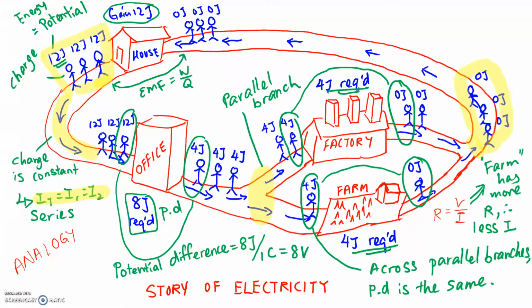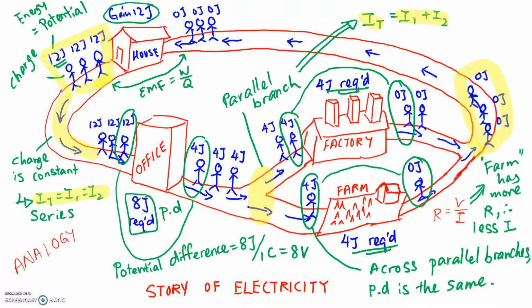And by looking at this splitting in the parallel branch, where the charges get to choose which path they want to take, we can see that for a parallel branch, I total equals I1 plus I2, etc., because the sum of the currents in the parallel branches equals the total current.